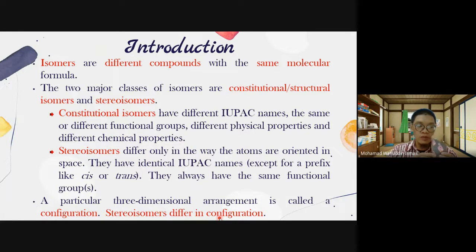So constitutional isomers are both different handphones. This one is an iPhone, and another one has the same size and the same camera in the front, and it looks the same, but it's different in terms of brand.